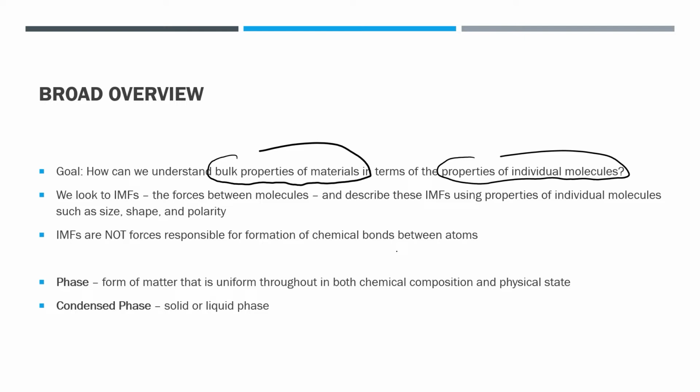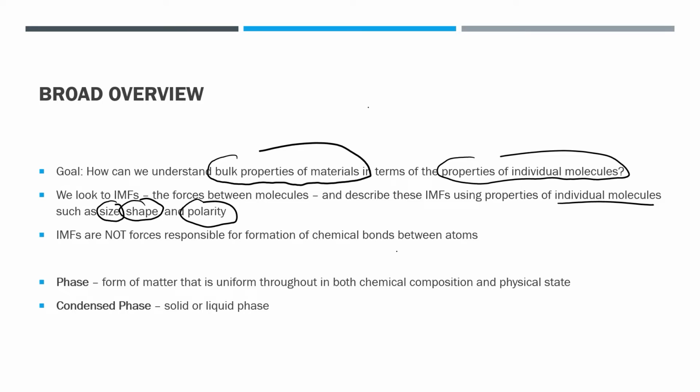So we look to IMFs, the forces between molecules, and we describe these IMFs using the properties of individual molecules. Some properties we use, for example, are size, shape, and polarity. In the case of water, we talk a lot about the polarity of water. Water is polar, and that results in strong hydrogen bonds between water molecules.